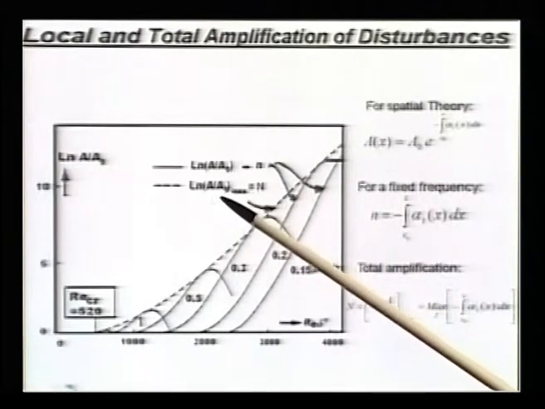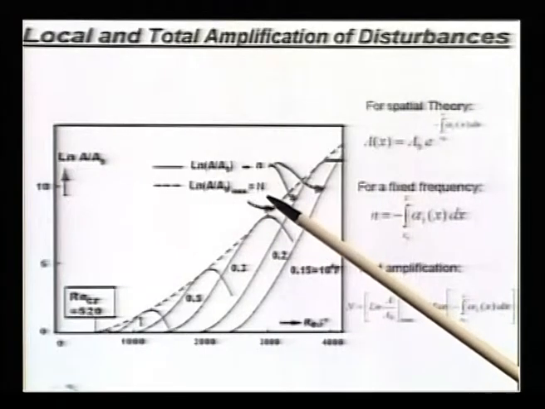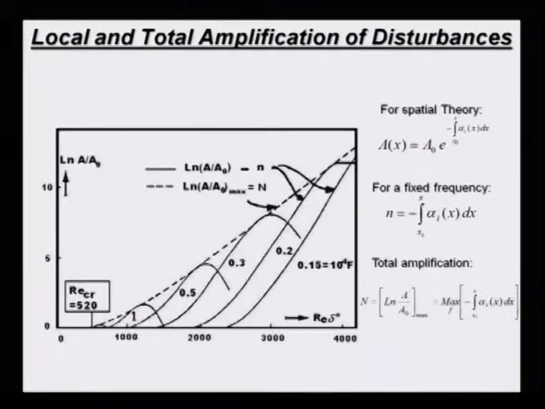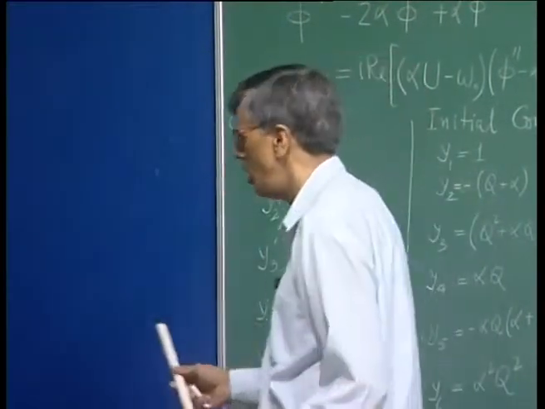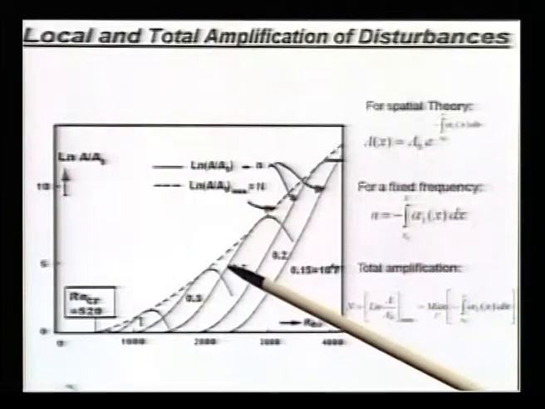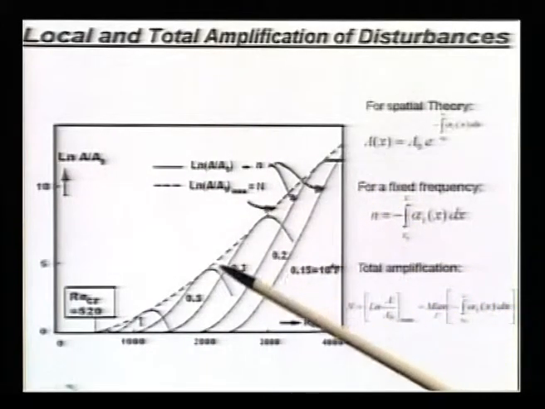That quantity is what we call capital N. So, this is somewhat like this, that as I go along, some disturbances are going to grow, and different frequencies will have different growth rates as given by this.